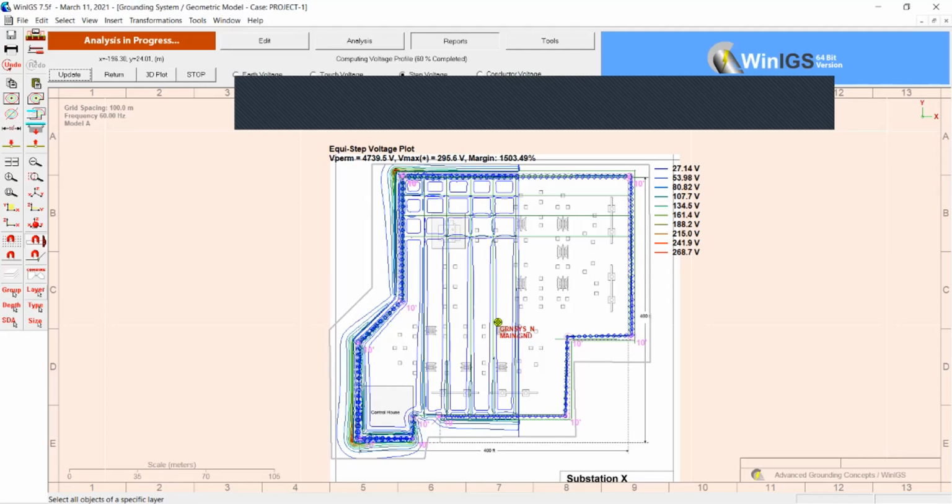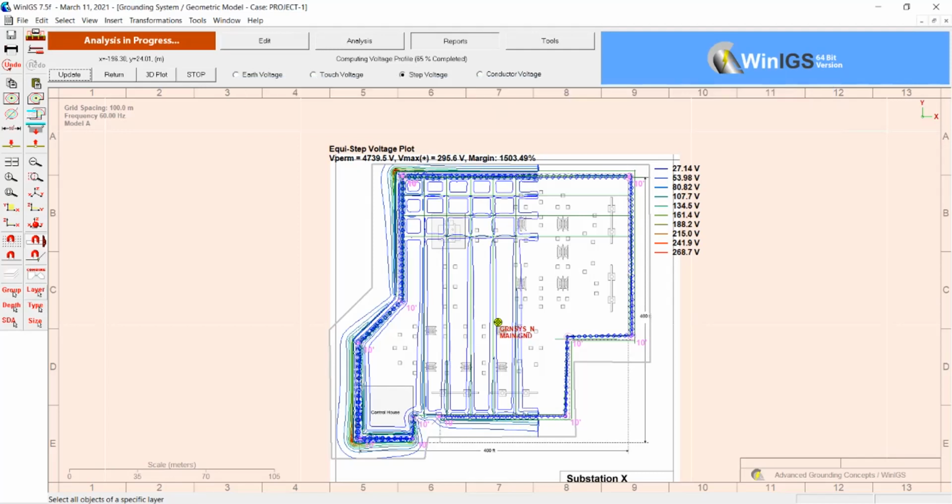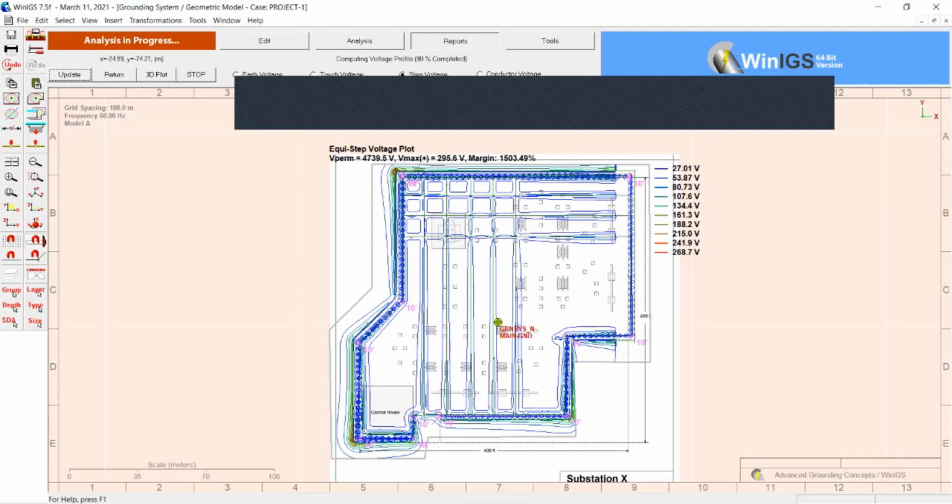Now definitely step voltage is the voltage difference between 2 points which are 1 meter away from each other. So what you'll do is you don't have to take 20 step voltage values. You will take 10. So 5 outside of the station and 5 inside the station.